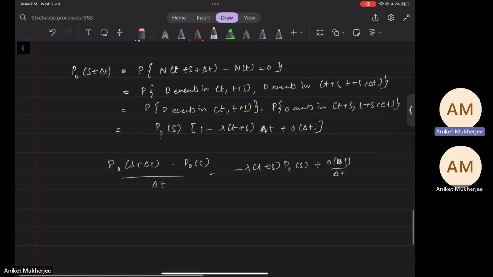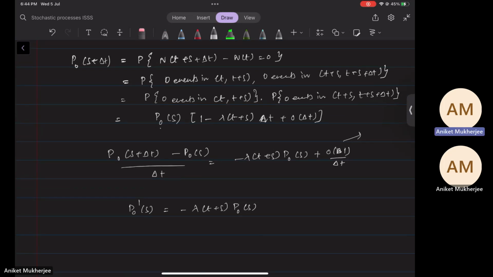You take the limit and this becomes a derivative, P_0'(s) equals minus λ(t + s) P_0(s), because the o(Δt)/Δt term goes to zero as Δt goes to zero.